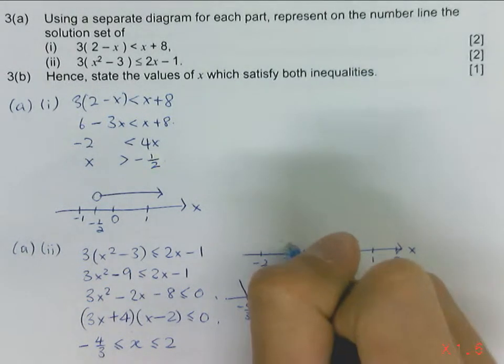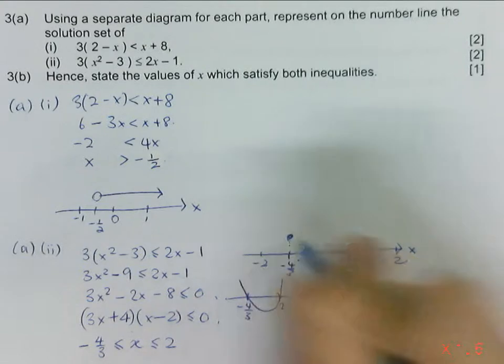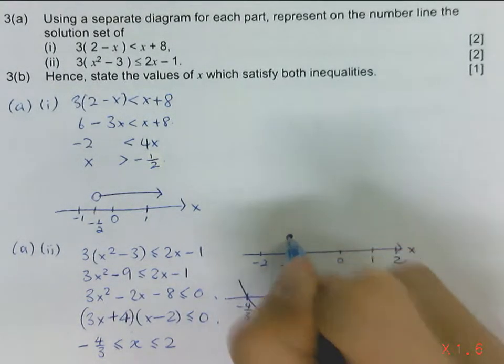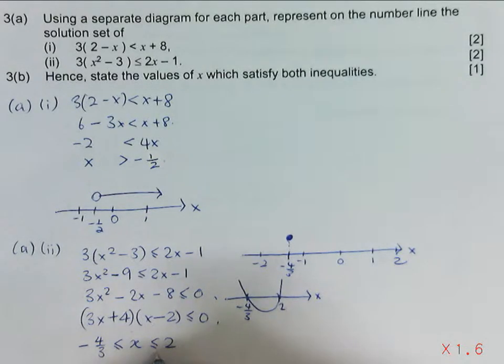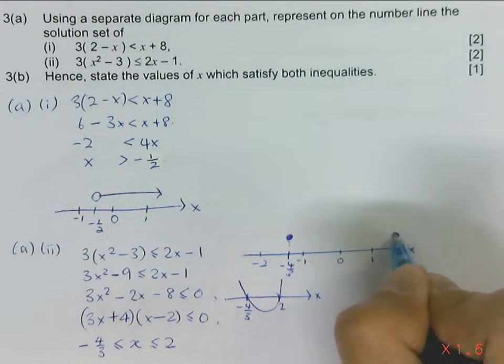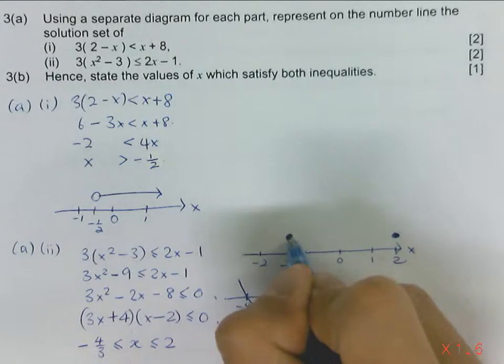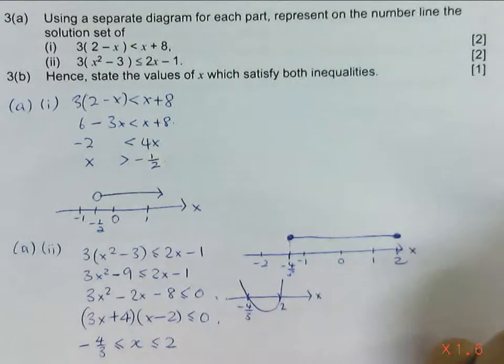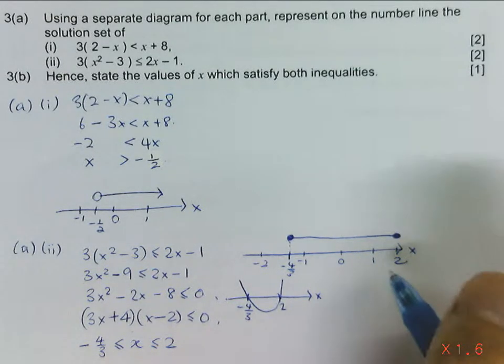So from this point, notice there's an equal sign, so you have to shade this part to the 2, which is also an equal sign, so you have to put a 2 here, equal. So draw a line to get this answer as the number line representation.